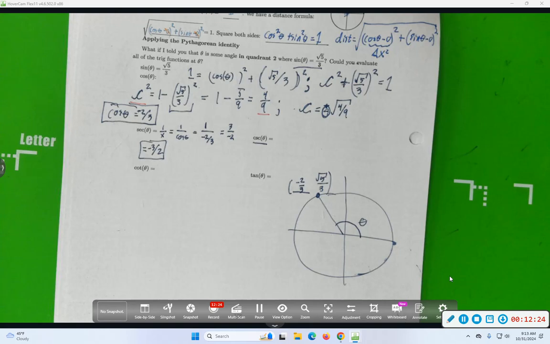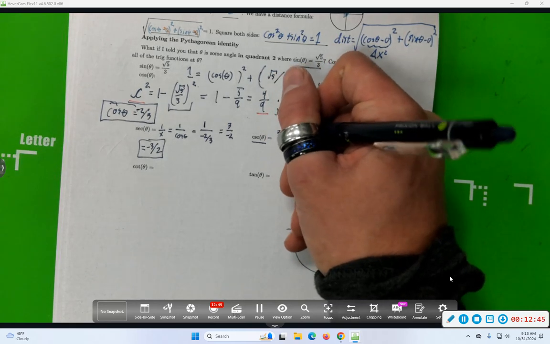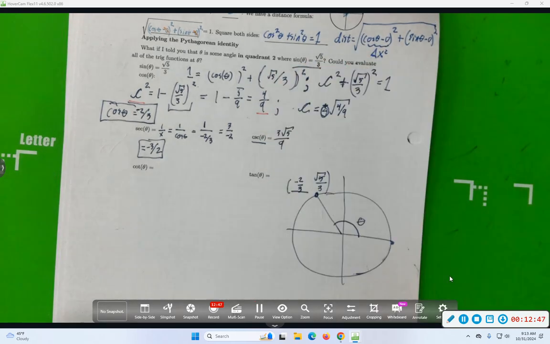Shall we come together and see what we get? So, maybe let's just open with this. What did you get for cosecant of theta? I hear a 3 root 5 over 5.